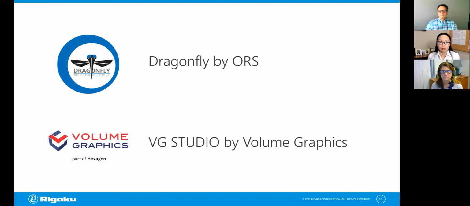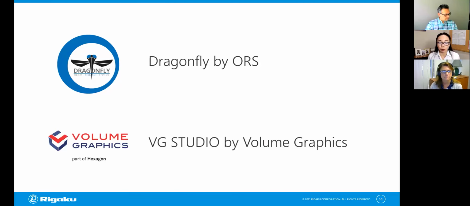And you might be wondering, so what's the difference between the two? Generally, I think Dragonfly would work very well when you're looking at material science type of images, like foams or plants or composite materials, insects, because the segmentation can be very challenging for those materials in life science samples.